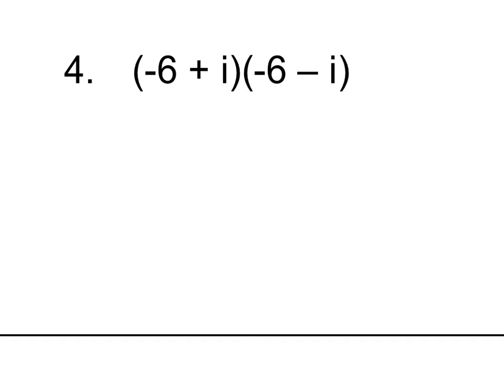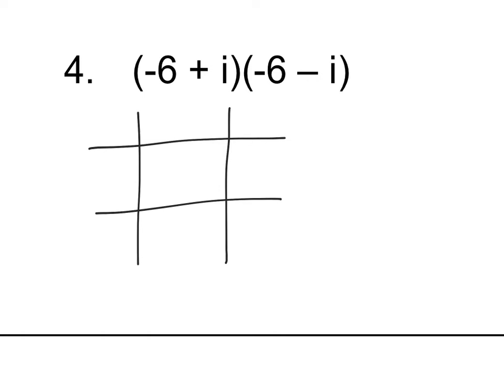Again, using FOIL method here, or actually, you know what, we're going to do this one with the box method. So when I do the box method, -6 comes here, i comes here, that's in the first parentheses. Then -6 comes here, and -i comes here from the second parentheses.